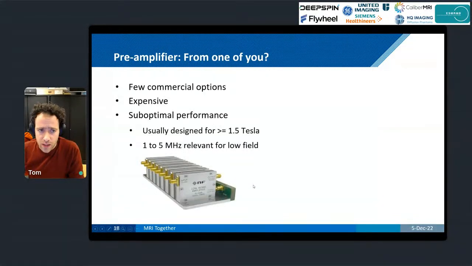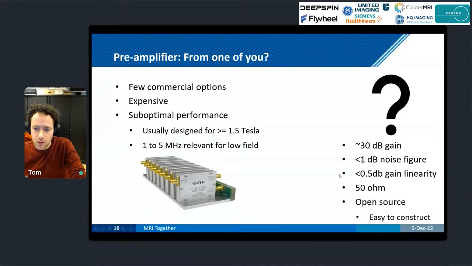Again, the preamplifier, this is something that at the moment we don't have because there are very few commercial options. The commercial options that are there are expensive, and they typically don't have very good performance because they're designed for systems of 1.5 Tesla and upwards. But for us, at low field, we typically stay below the 5 megahertz frequency. 1.5 Tesla is at 64 megahertz, so this is much beyond the frequency range that we need, and they typically work less well at these low frequencies.